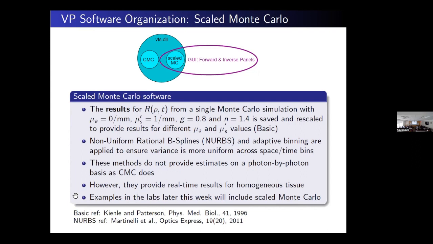You'll see both in the GUI. But bear in mind, these were not derived on a photon by photon basis, so they're different beasts. They provide nice real-time results for homogeneous tissue, and the accuracy of that methodology is given.